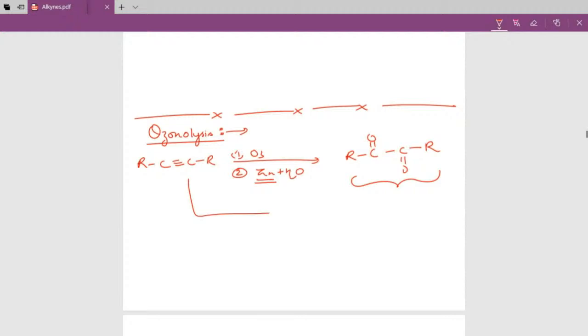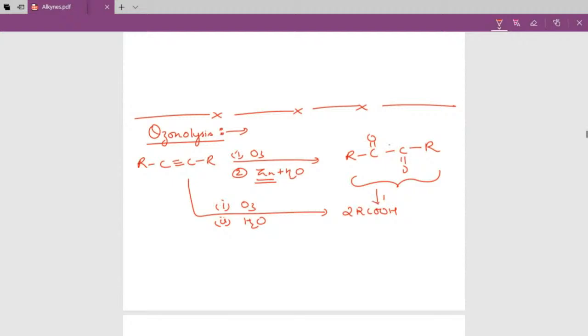But if the question simply says ozone and the second stage is water, then please give your answer as 2 moles of RCOOH, as this will immediately go for oxidation by H2O2.